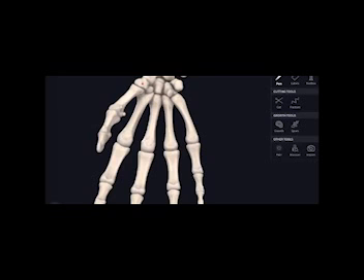And for the second, trapezoid and second, and then we have capitate and the third and a little bit of the fourth, and we have the hamate between the fourth and fifth. Okay, so this particular joint is called a carpometacarpal joint.